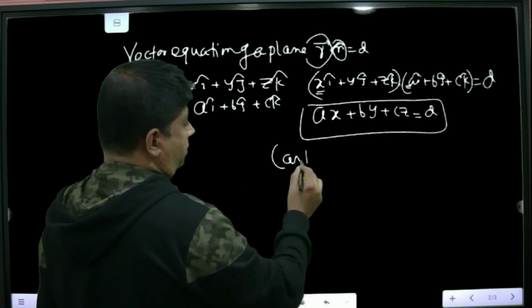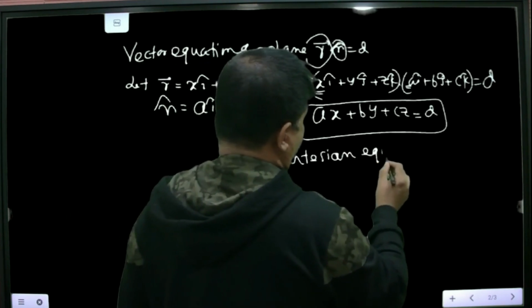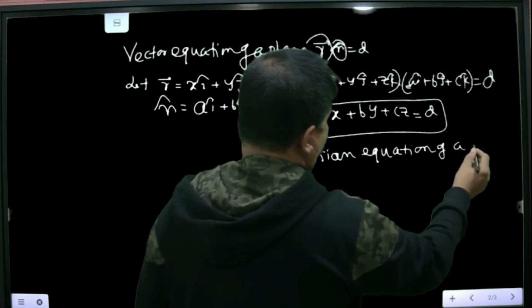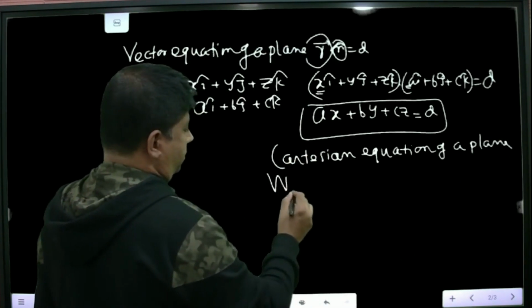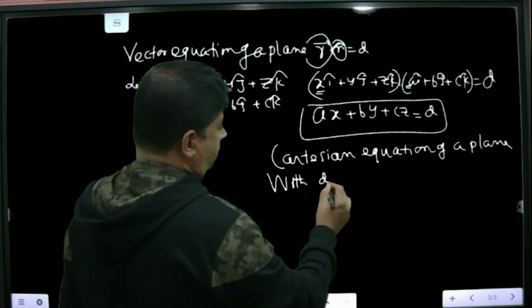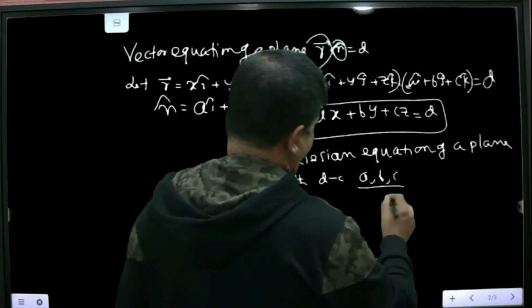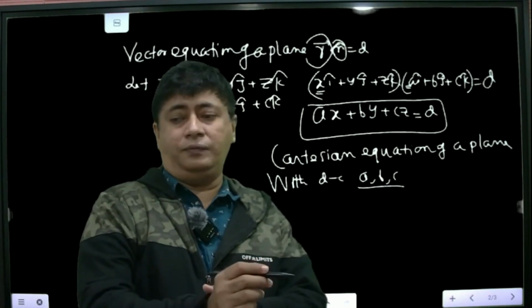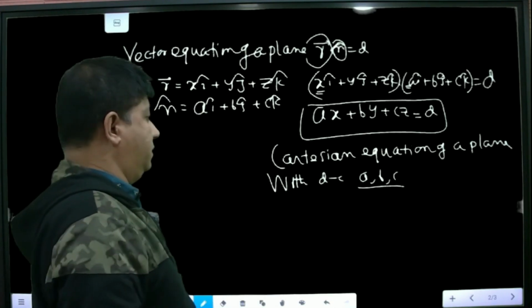Cartesian equation of a plane with direction cosine ABC. Okay, with direction cosine ABC. That is Cartesian form of plane.